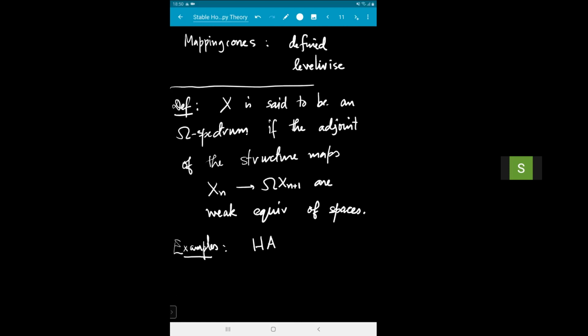More explicitly, you have Bott periodicity, which says that if you take the space Z × BU, then the double loop space of this is the same as Z × BU. This is from Bott periodicity.